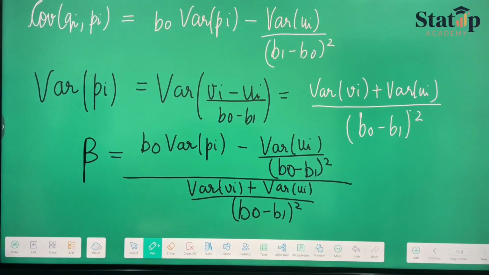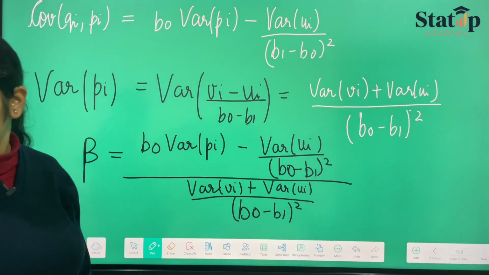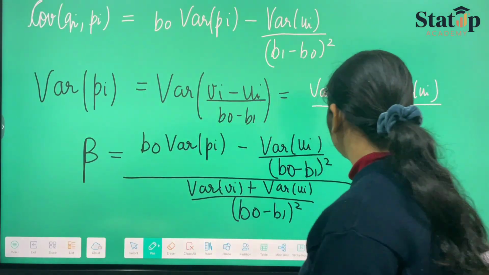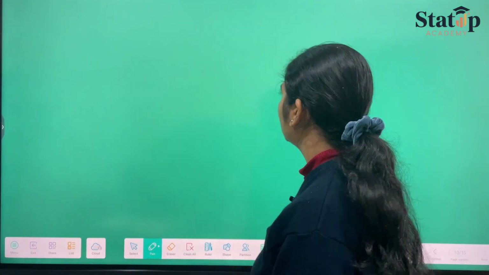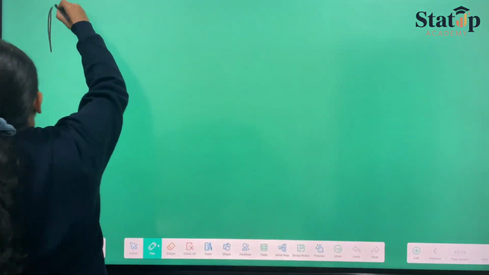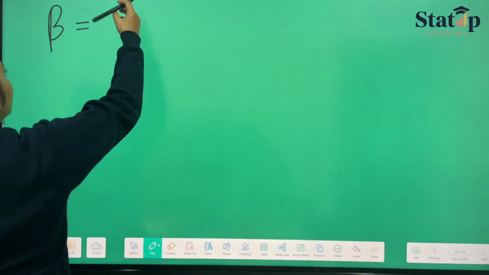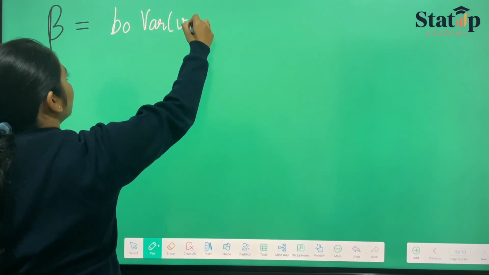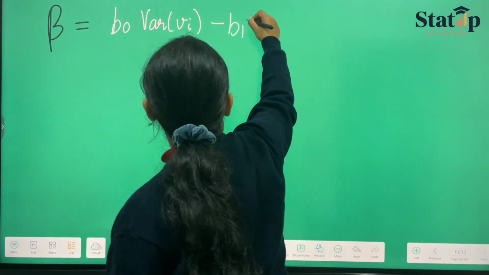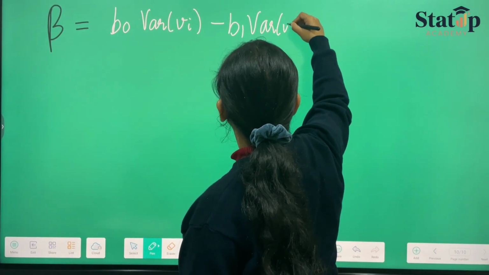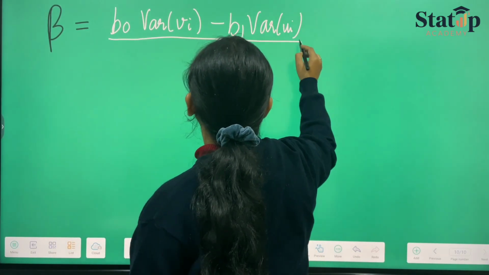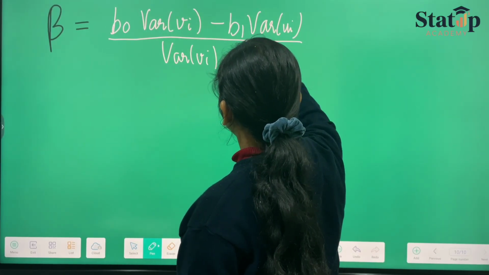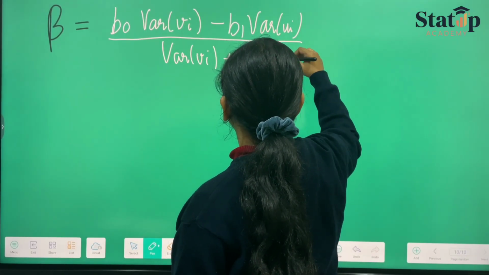So if we take the LCM, you can take the LCM on your own and check the answer. We will be getting (B0 variance of Vi plus B1 variance of Ui) upon (variance of Vi plus variance of Ui).